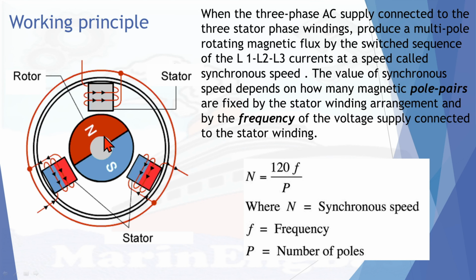Normally it is about 1% to 3% slip. So the rotor is always driven at a lesser speed than the synchronous speed, the rotating magnetic field speed. That's why we call these motors asynchronous motors. For synchronous motors, the rotor is driven at the same speed as its stator rotating magnetic field.